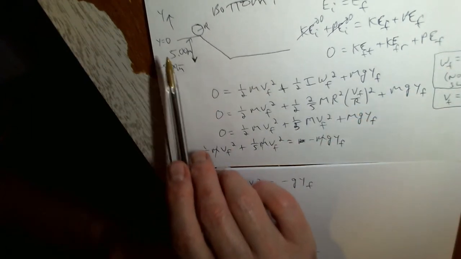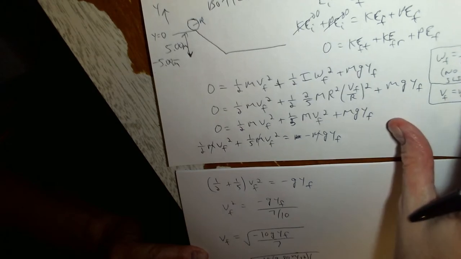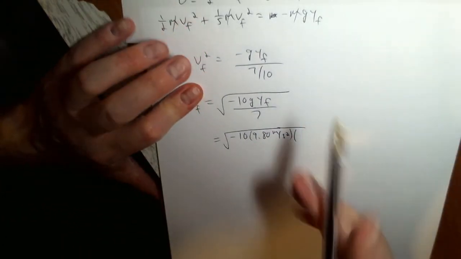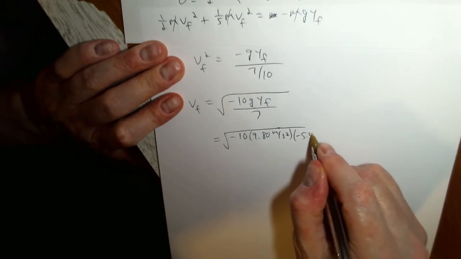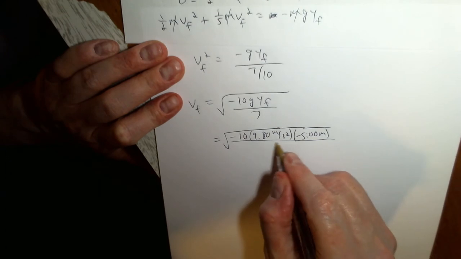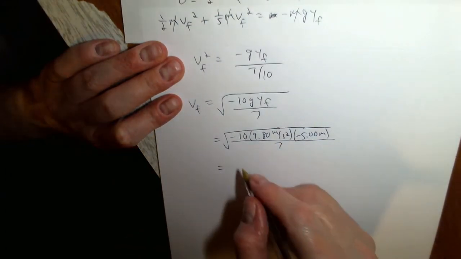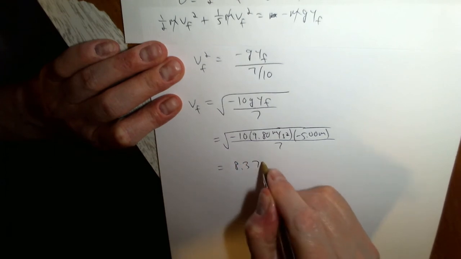Remember, y needs to be increasing upward for m g y to be the potential energy of gravity. So we get minus 5 meters there, and so that is over 7. And that comes out to be 8.37 meters per second.